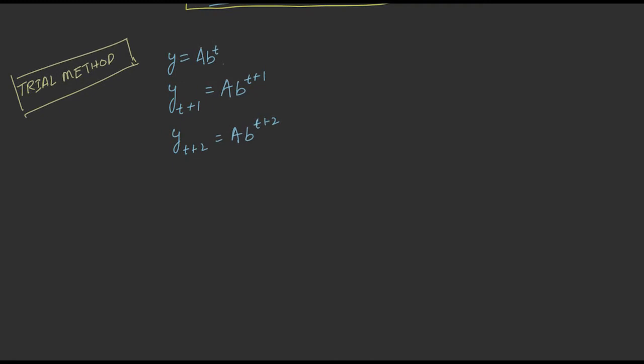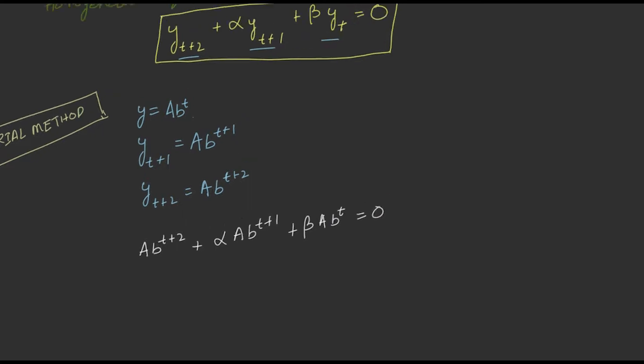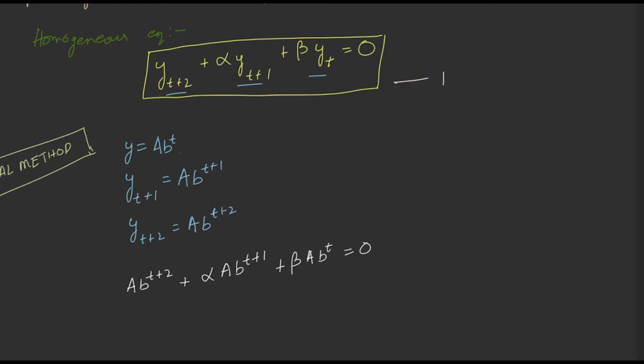So we will get a b to the power t plus 2 plus alpha a b to the power t plus 1 plus beta a b to the power t equals 0, right? I'll call this equation 1.